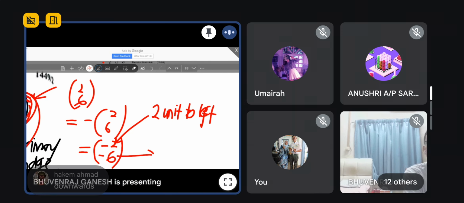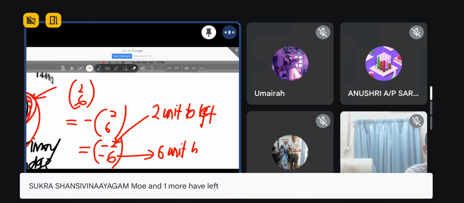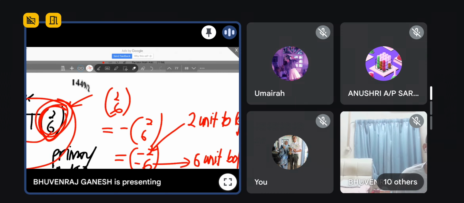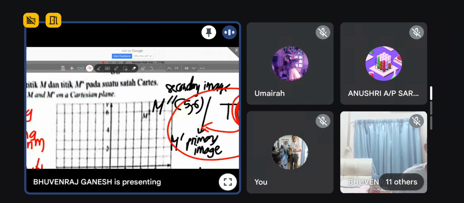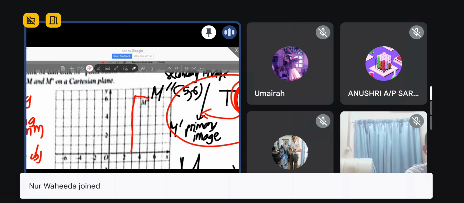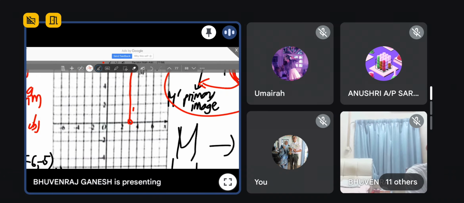How about -6, guys? What's the meaning? Yes, you move downwards. 6 unit bottom. 6 unit ke bawah. Okay? So basically you just need to draw this one. Okay, lukis yang ni sahaja. So 2 unit to the left, 6 unit bottom. 3, 4, 5, 6. Okay, so this is our coordinate M prime.